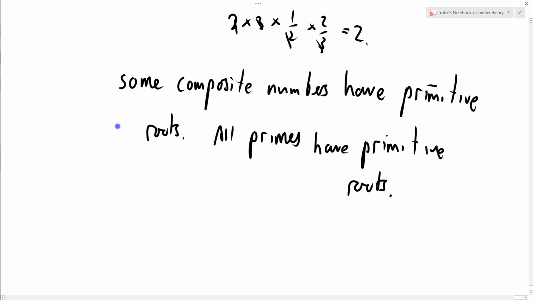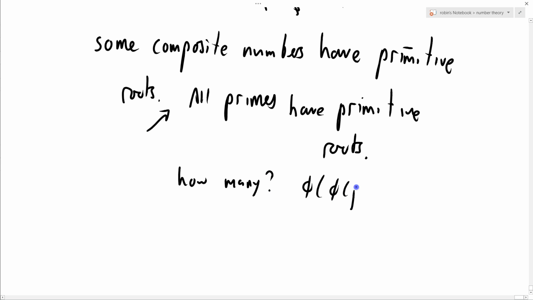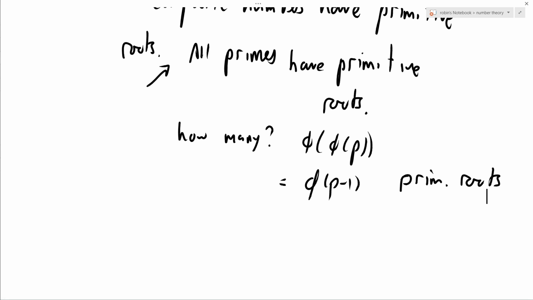It's not an involved theorem, but it's just a bit messy and a bit difficult and not very interesting. And of course, how many? Well, if you assume this, which I won't prove, then if p is prime, there are phi of p minus 1 primitive roots. Okay, which is quite nice.